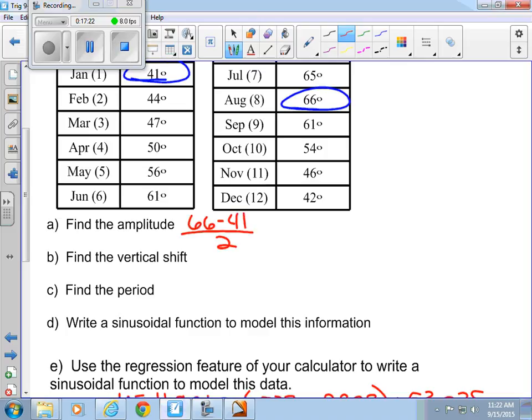Does that make sense? Does that seem reasonable? Ours is going to be different because we're not taking in quite the level of statistics that your calculator just took in. So I'm just doing top and bottom. They took into account all the points and averaged some things. So pretty close though. Vertical shift, 41 plus 66 divided by 2, the average.